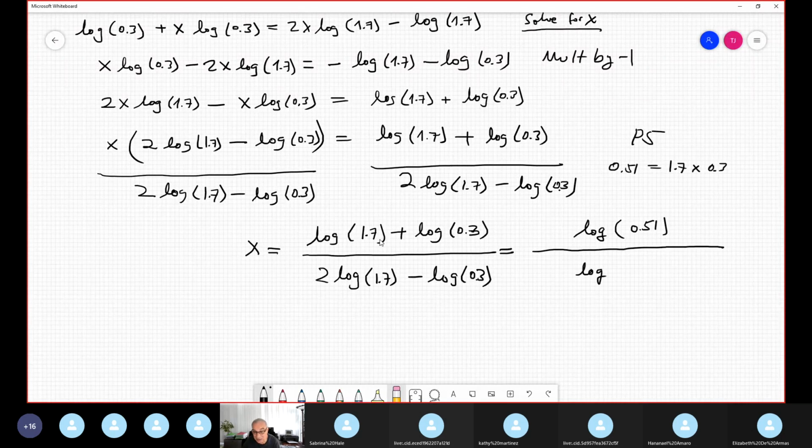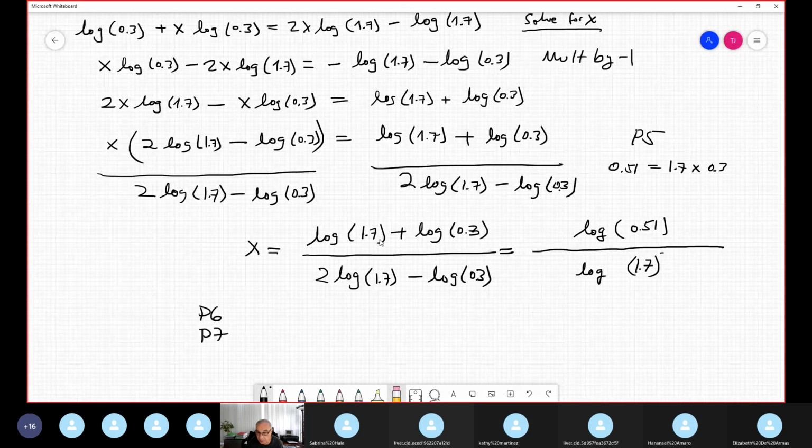In the bottom, it's easier to put in the calculator without two logarithms. In my opinion, but I respect that you can do it any way. In the bottom, we condense again, applying property number 6 and property number 7. Because it's subtraction, we get 1.7 squared, using property number 7 backward, divided by 0.3, everything inside the argument.